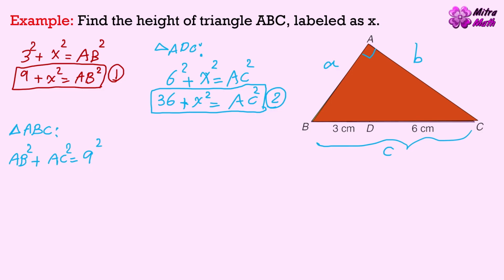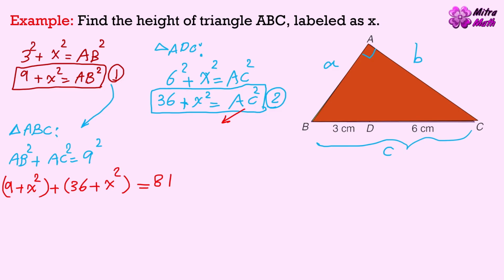So now I'm going to replace AB using relation number 1. Instead of AB squared, I can write down 9 plus x squared. For AC squared, I'm going to use relation number 2, which is equal to 36 plus x squared. On the right side, I get 81. Now you have an equation that you can easily solve for x.